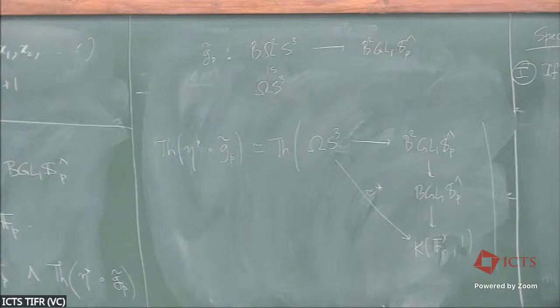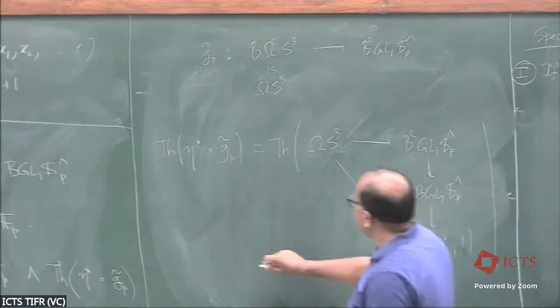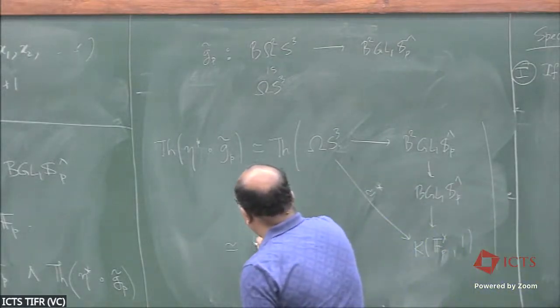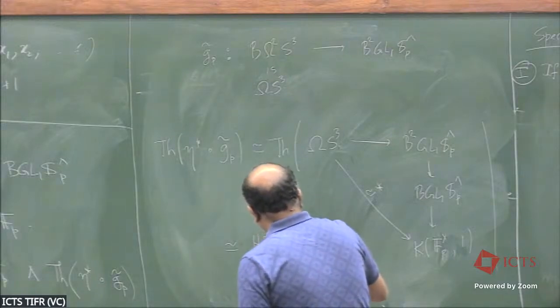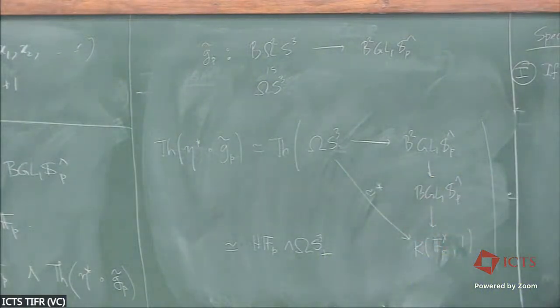And for a null homotopic map, we have this is HFp smash omega S3 plus. So this is the same formula.